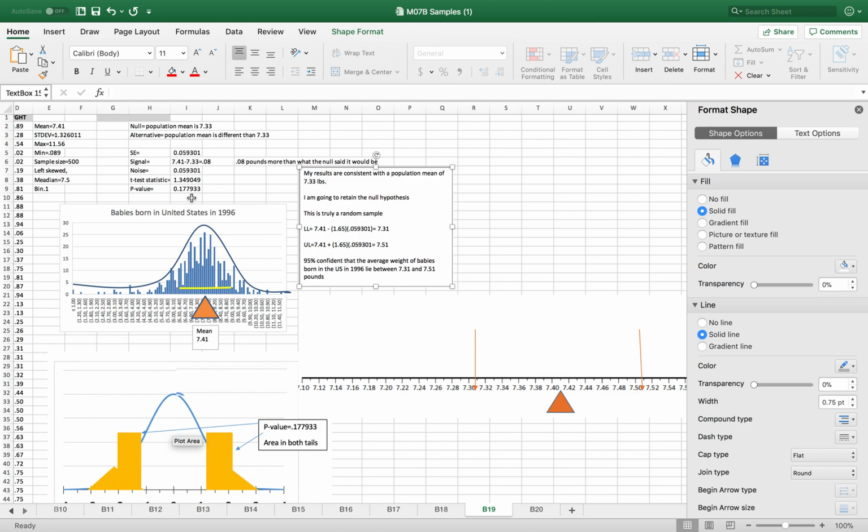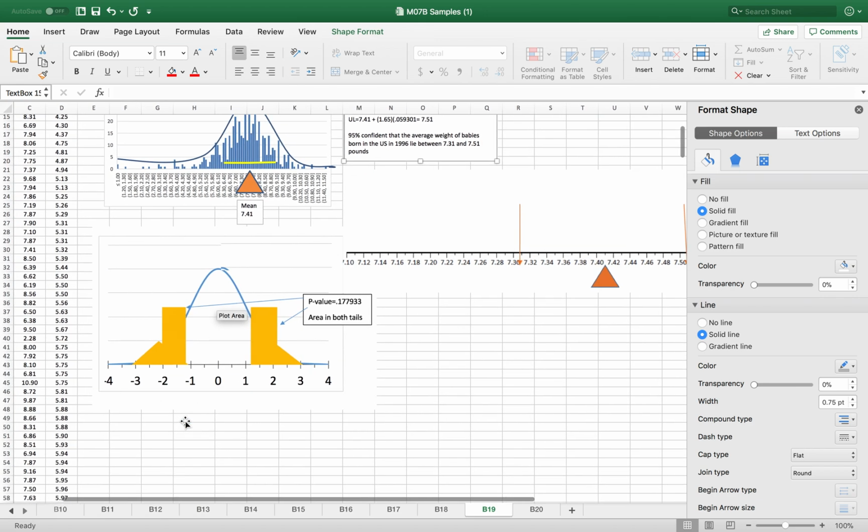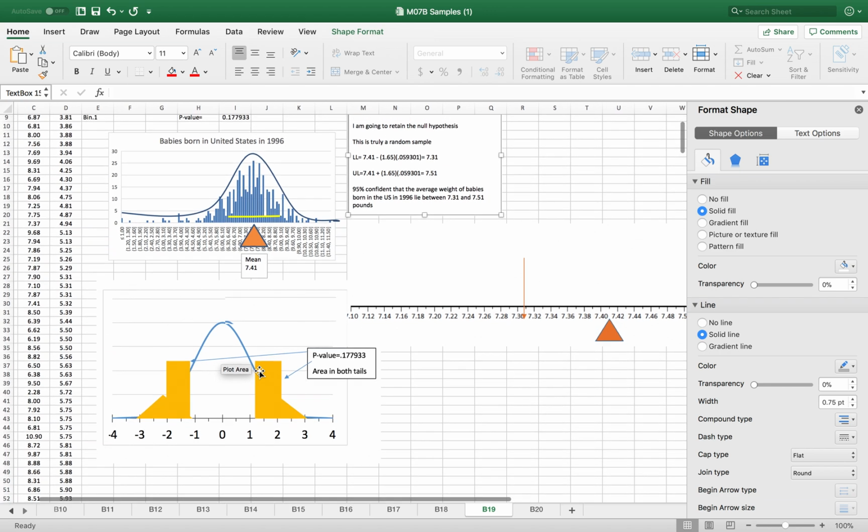Then this picture: the shaded area, which is right here and right here, represents the p-value. It's the p-value using both tails, and as you can see, it's taking a big proportion, whereas in a case where you would reject the hypothesis, it would be a very small proportion.